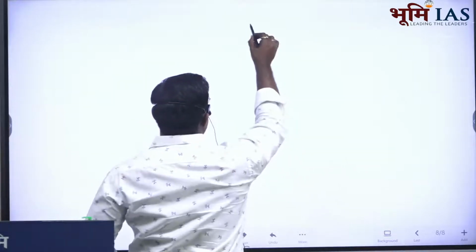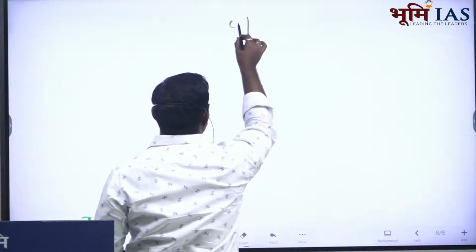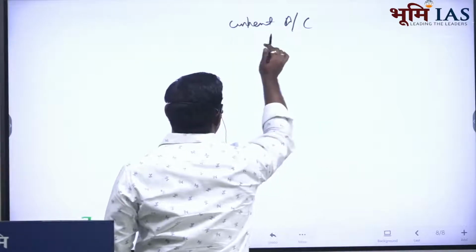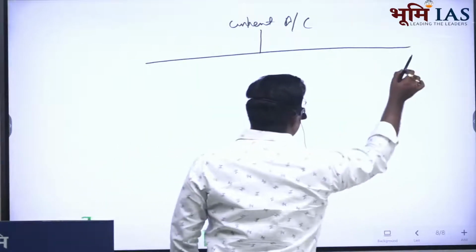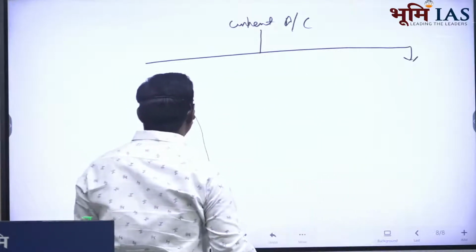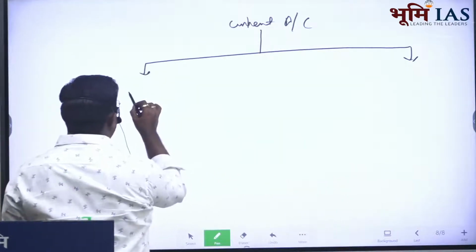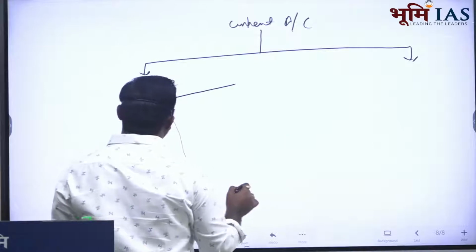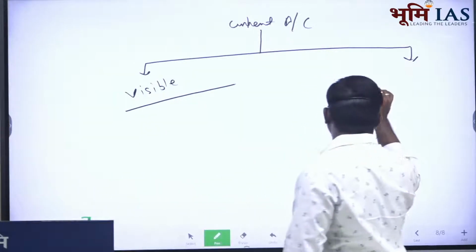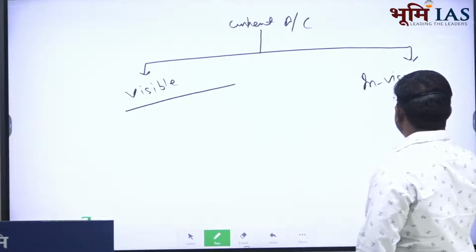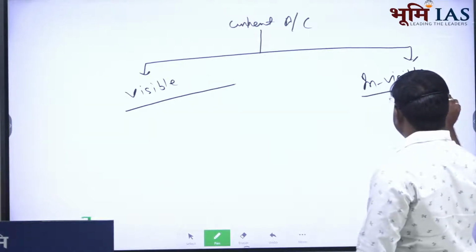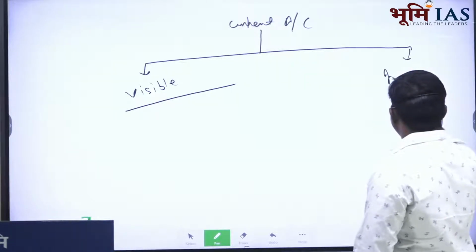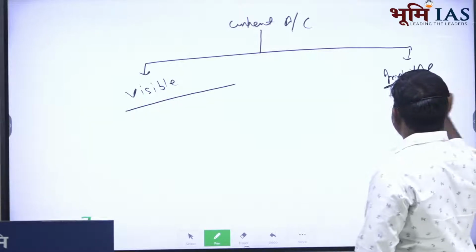Different transactions of current account are further categorized as visible and invisible.